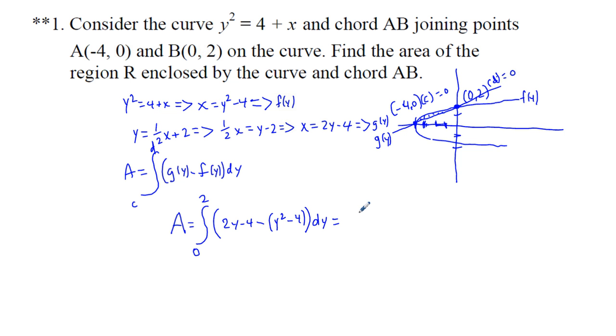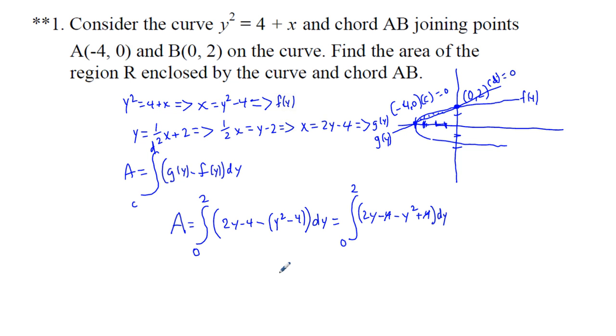Working to the right, we remove the parentheses and get the integral from 0 to 2 of 2y minus 4 minus y squared, and minus -4 is plus 4, dy. And -4 and 4 cancel each other.